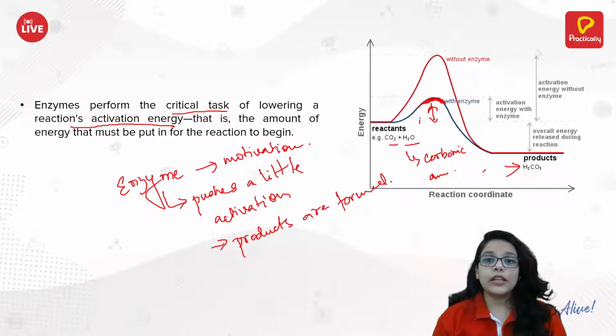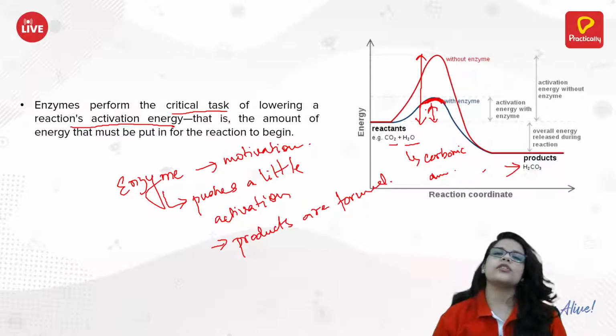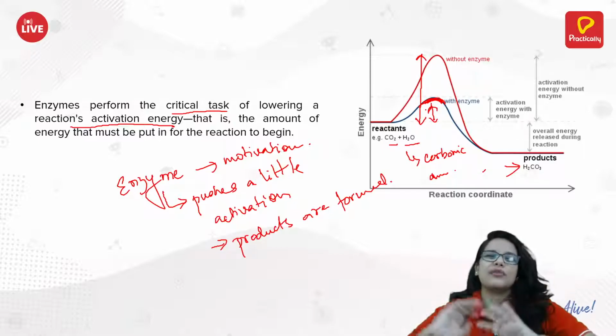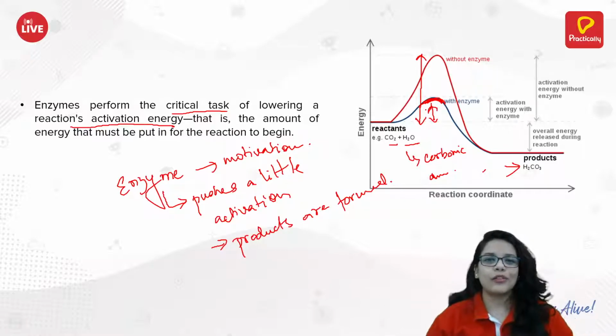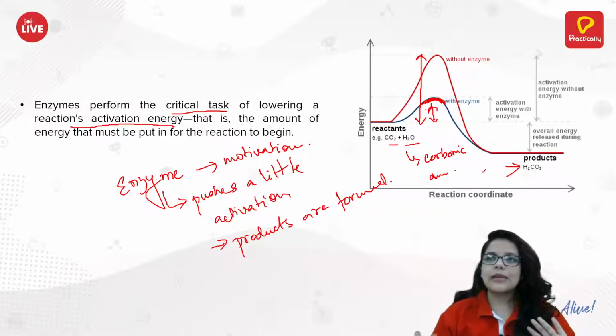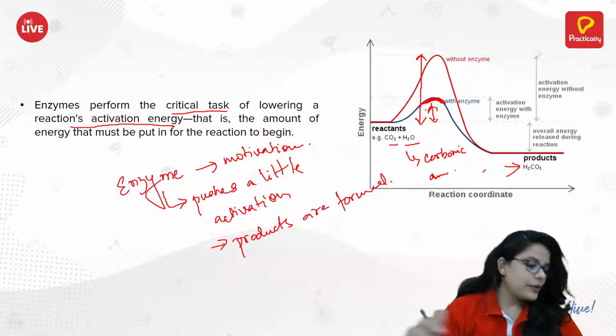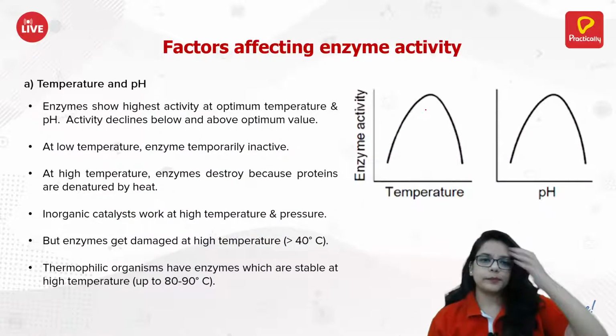Without the enzyme, you need a lot of activation energy. Without that motivation, you need to push yourself. But with the enzyme, you have the courage and the ability to push yourself through the day. So the enzyme is that final push which actually forms the products. I hope you understood.